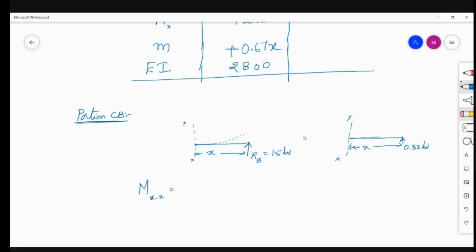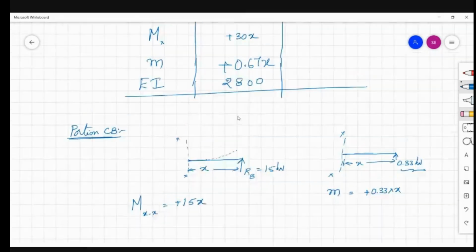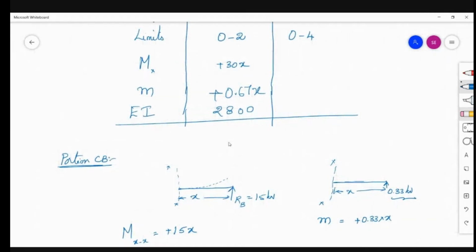So it is RB into X, which is sagging, positive 15 into X. Whereas due to the unit load system, you write small m as plus 0.33 X. The load is 0.33, which is making a sagging moment, 0.33 into X. Now, write these values in the above tabular form.